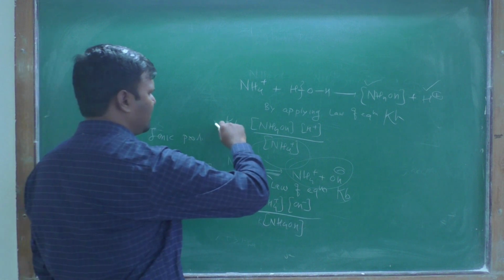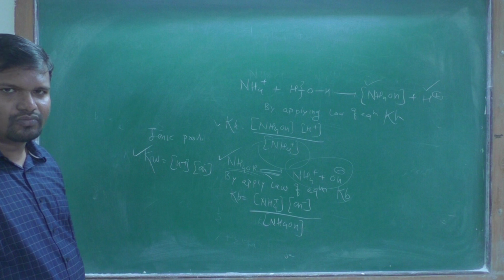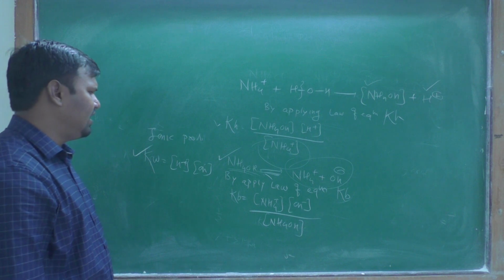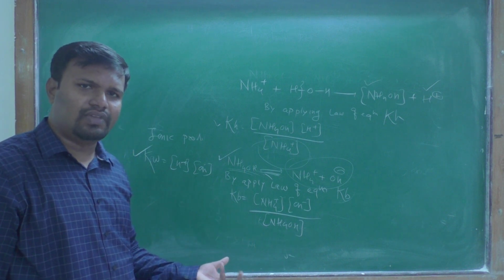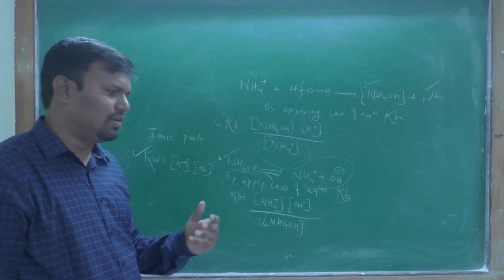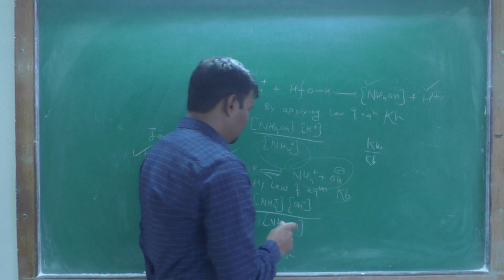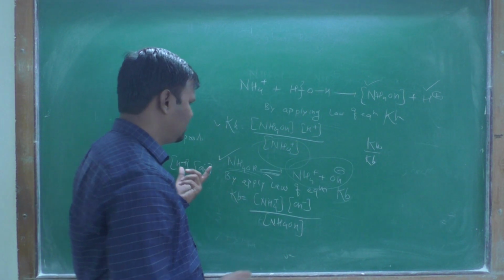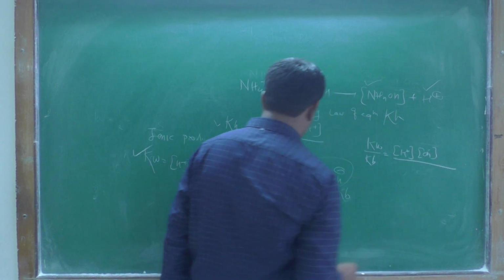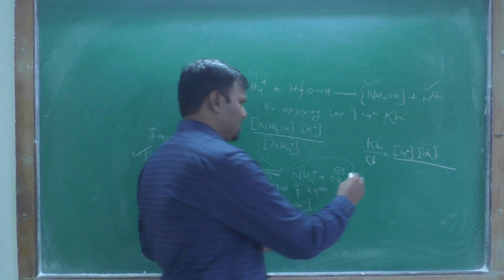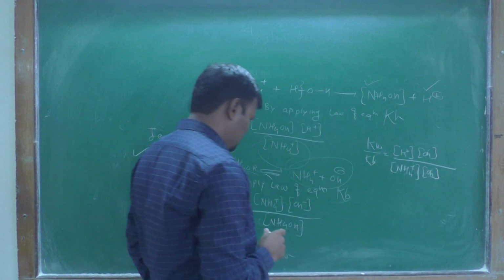Now we have found Kh, Kb, and Kw. Therefore, by dividing Kw by Kb, as we did for the salt of a weak acid and a strong base, Kw upon Kb is H plus ions times OH minus ions upon NH4 plus times OH minus upon NH4OH.